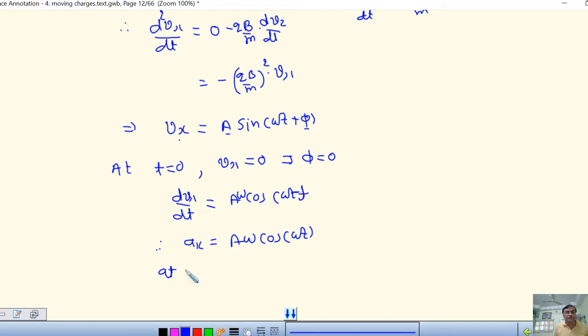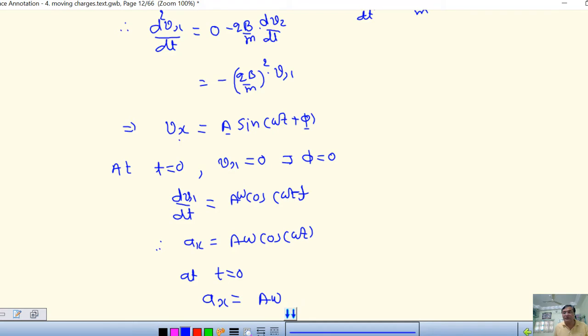At t equal to 0, what is our ax? ax is equal to a omega.